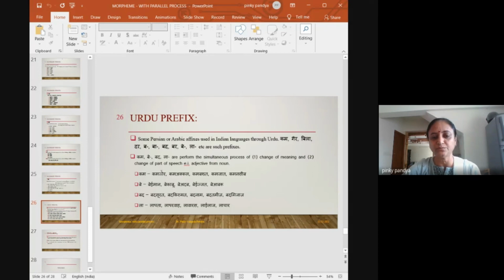Beimaan: iman is a noun but beiman is an adjective with the opposite or antonym meaning. In the same way, badsurat: surat is a noun, but when we add the prefix bad, it changes into an antonym as well as an adjective. La is an Arabic prefix that we have through Urdu. So lapata, laparwa: again that simultaneous process, change of meaning and change of part of speech at a time.